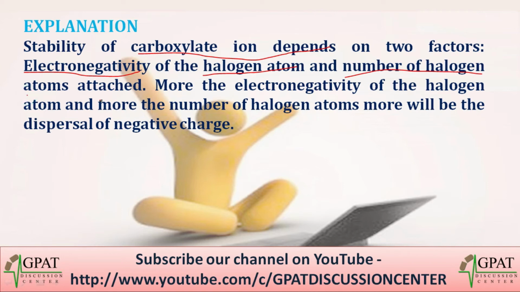The more the electronegativity of the halogen and the more the number of halogen atoms, the more the dispersal of negative charge. Students, try to memorize this concept, because in various exams, just like the NIPER exam, questions may arise from this also.